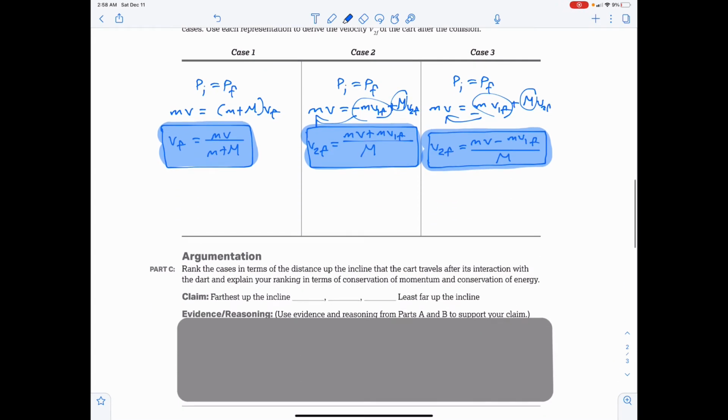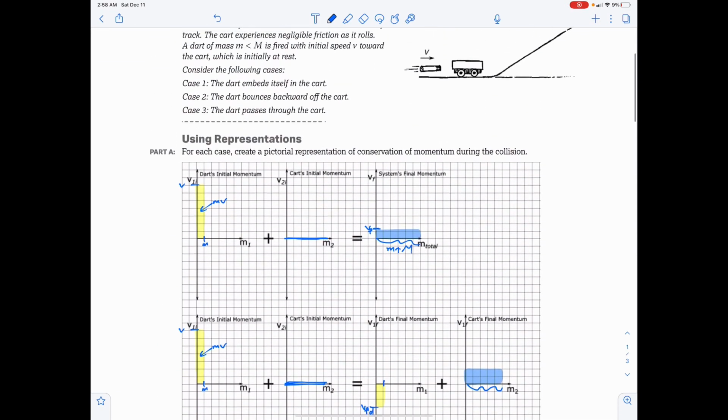Part C. Rank the cases in terms of the distance up the incline that the cart travels after the interaction with the dart, and explain your ranking in terms of conservation of momentum and conservation of energy. Well, the farther you go up the incline has to do with your speed. So let's go back to the picture.